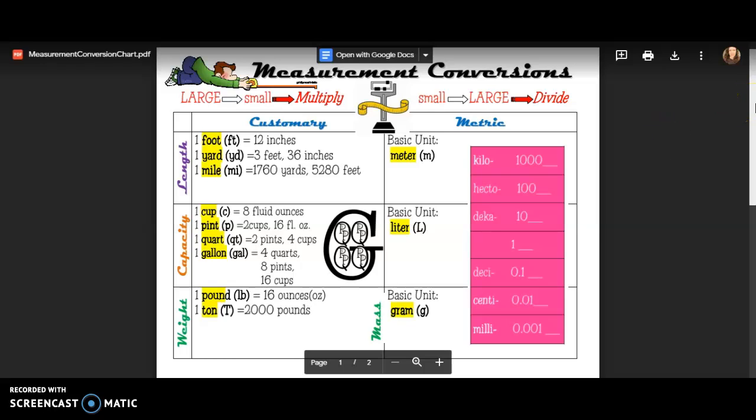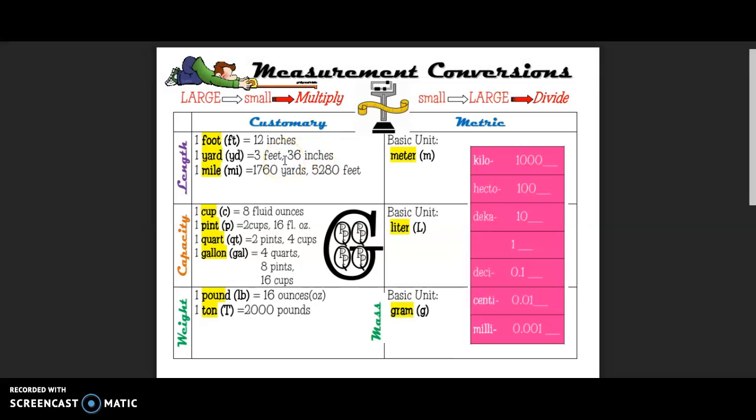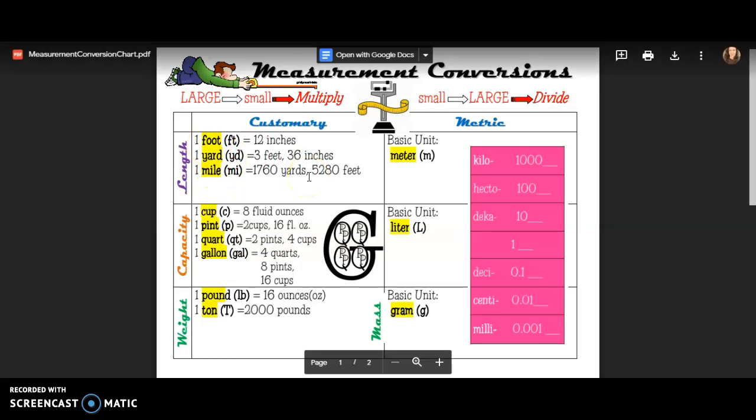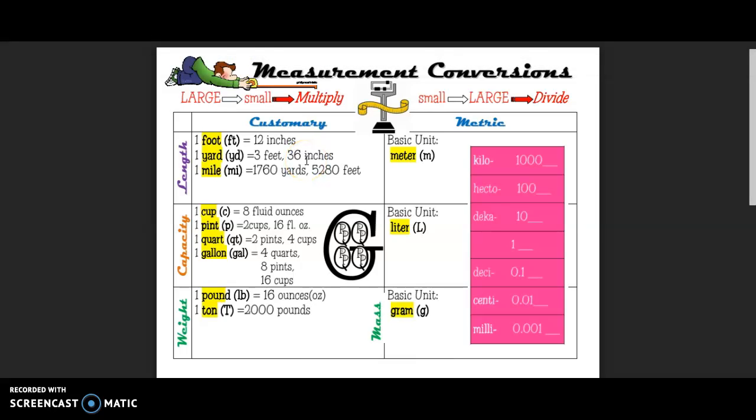For example, if you wanted to find how many feet are in 36 inches, then you would want to know how many inches are in a foot, which is 12.